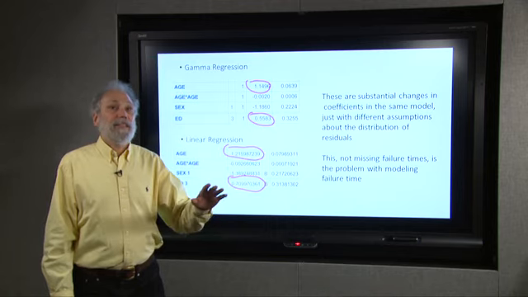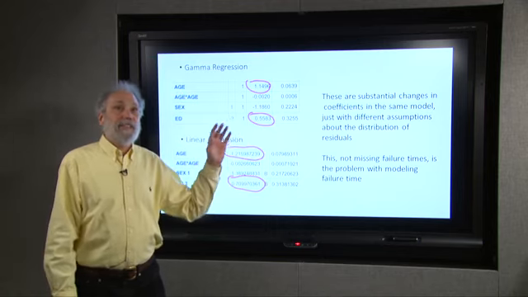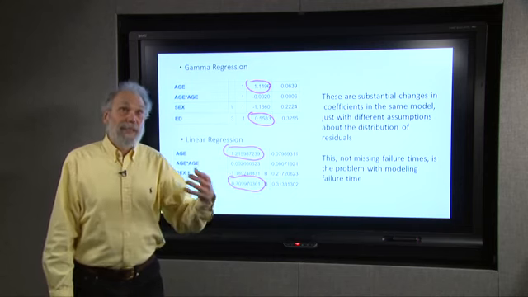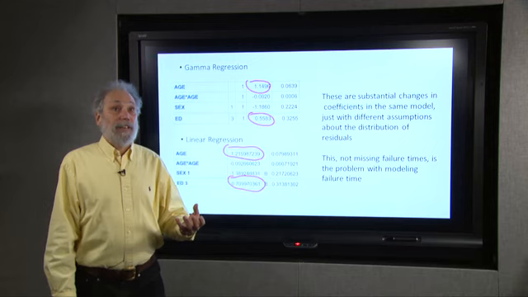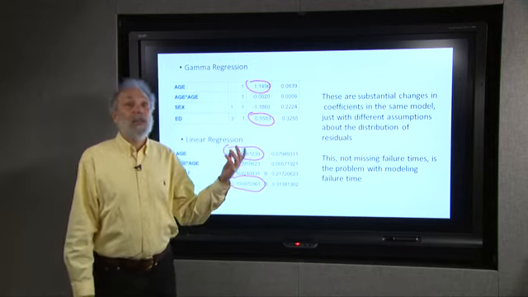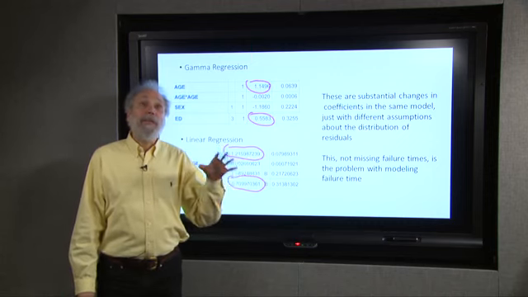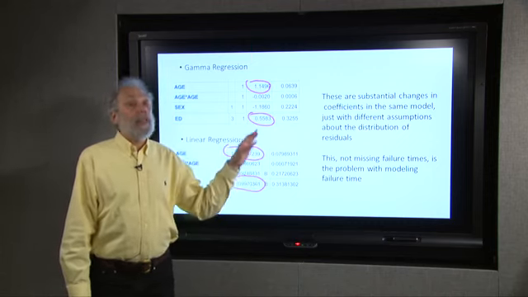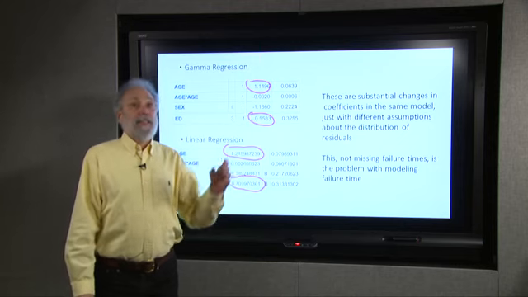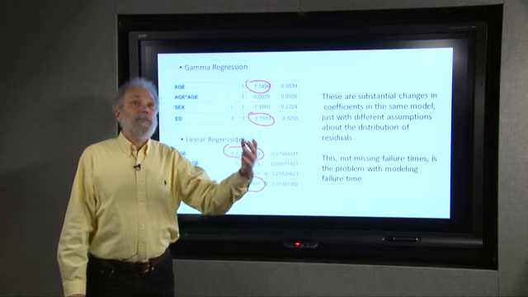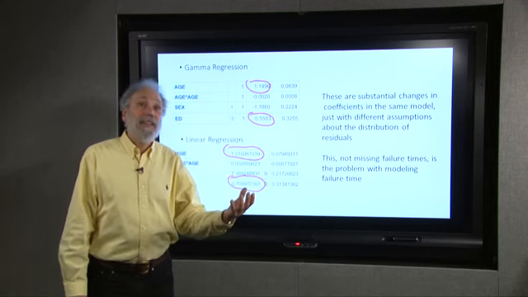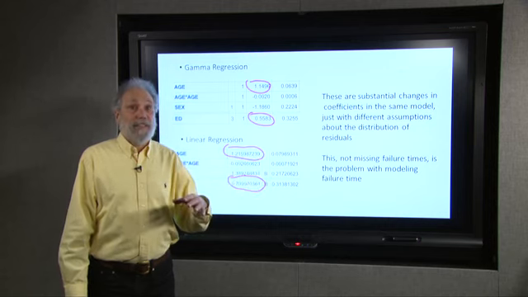The real issue is that the distribution of failure times is somewhat strange, and historically, there was no good way to capture that. Now, in more recent times, we have developed ways to fit failure time models that don't make assumptions about the distribution of the residuals, and people have started to use that.